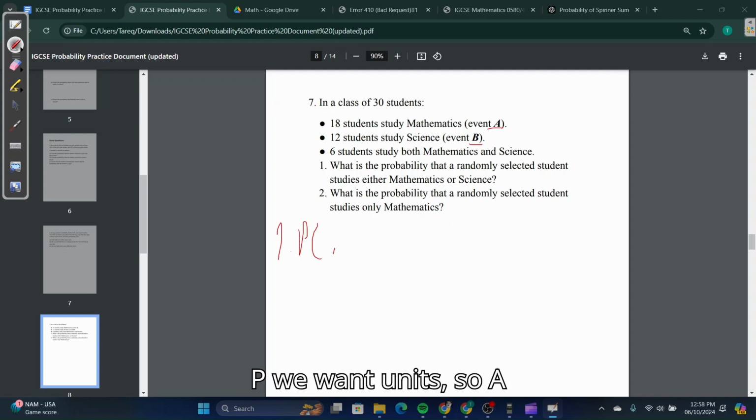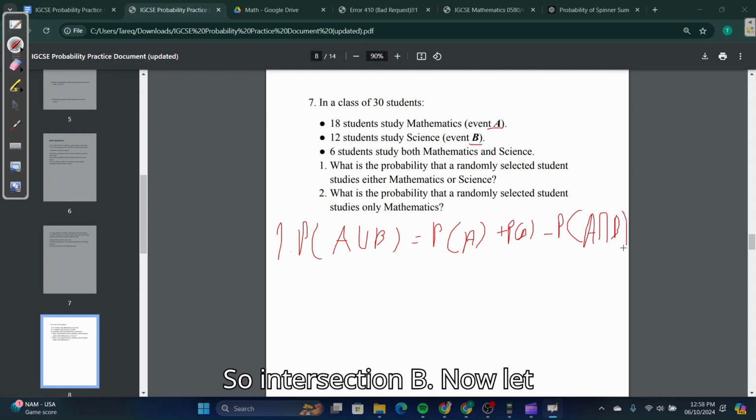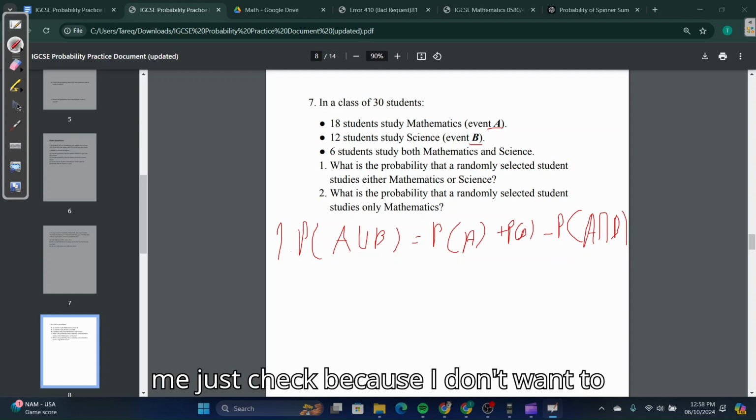P of A union B equals the probability of A plus the probability of B minus the probability of A intersection B.